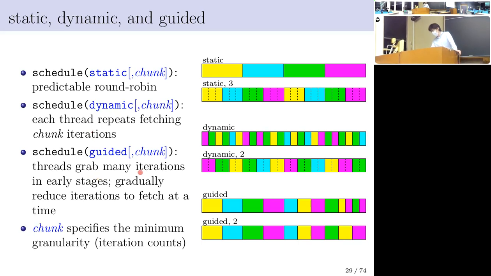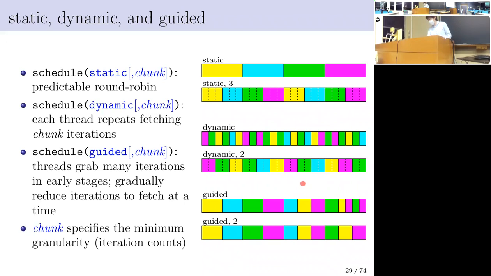But the general idea is that in the beginning, each thread fetches a large chunk. For example, in the beginning, it fetches 10 iterations at a time. And in later stages, it fetches a smaller number of iterations at a time.